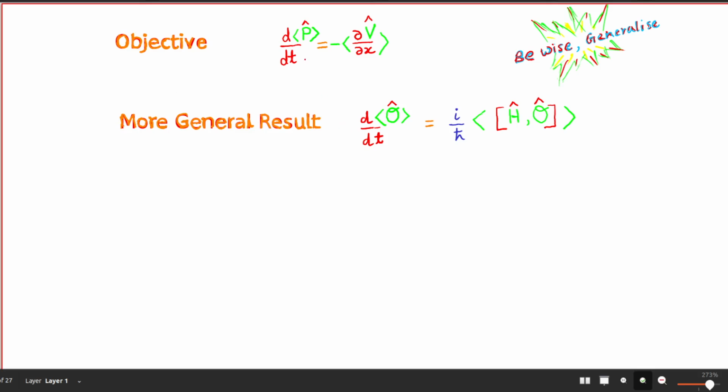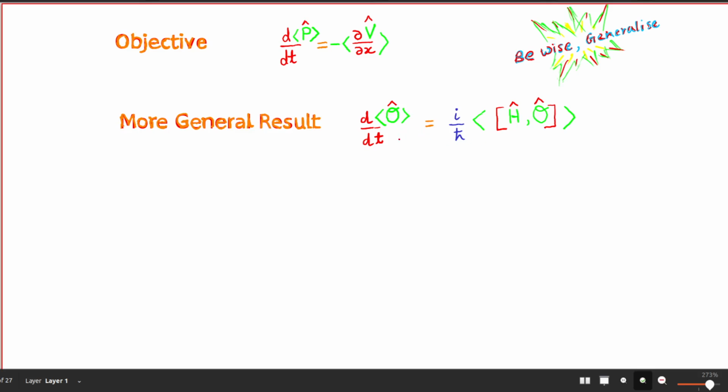First, we will show that this result, the Ehrenfest theorem, is a special case of this more general result, which says that for any quantum operator O, the time rate of change of the expectation value of the operator O is equal to i by h bar times the expectation value of the commutator of the Hamiltonian operator and the given operator.